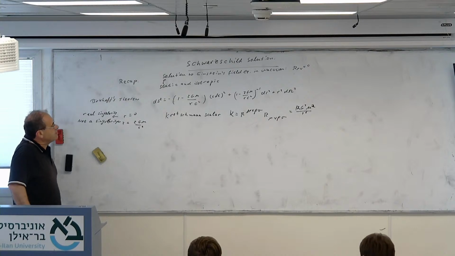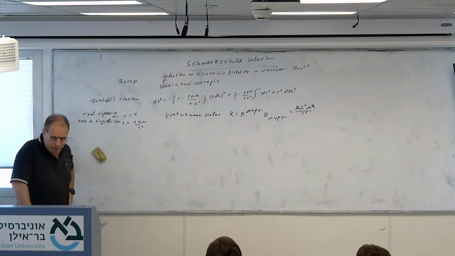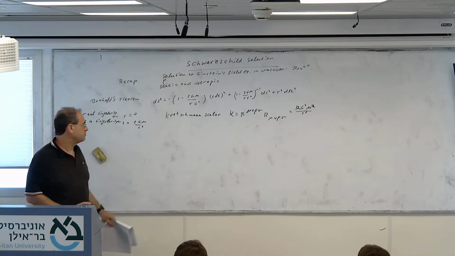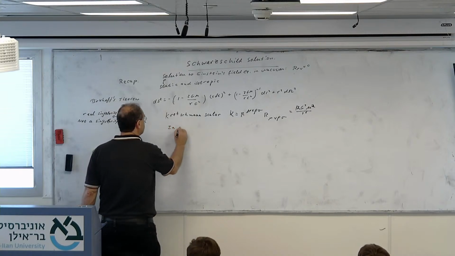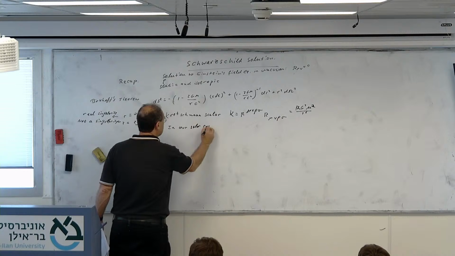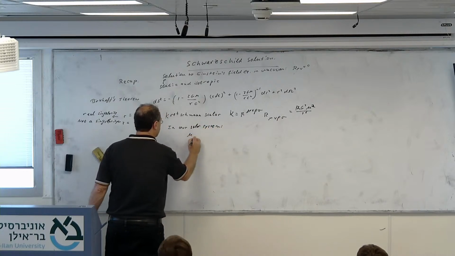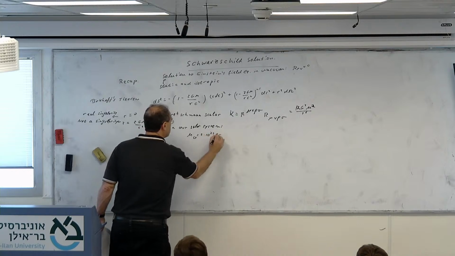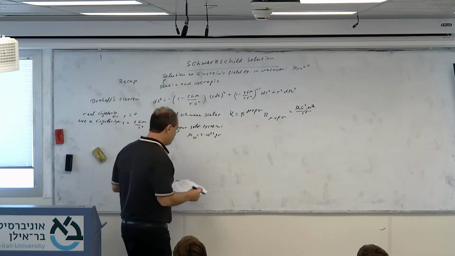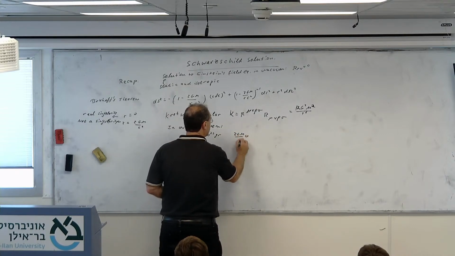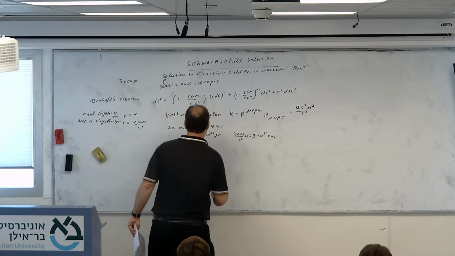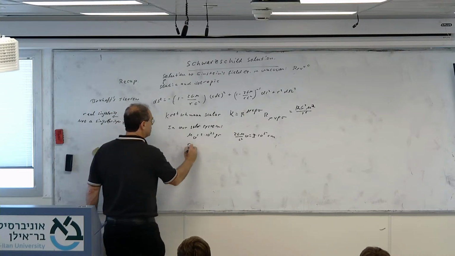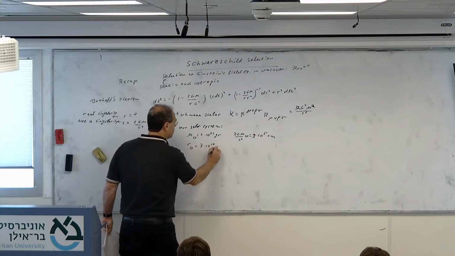And then I said that this is nothing to be worried about in the realm of the solar system, because if we look at the Schwarzschild radius of our sun, now the mass of the sun is 2 times 10 to the 33 grams, which means that 2GM_sun over c squared is something like 3 times 10 to the 5 centimeters, while the radius of the sun is about 5 orders of magnitude larger than that.